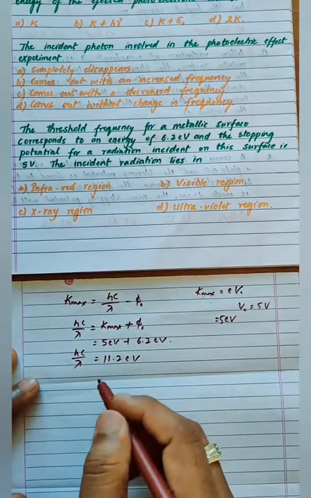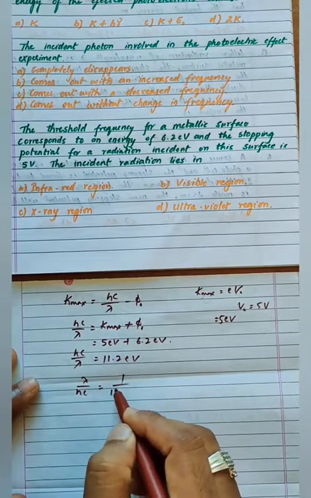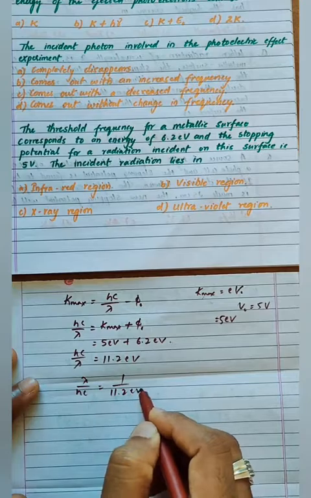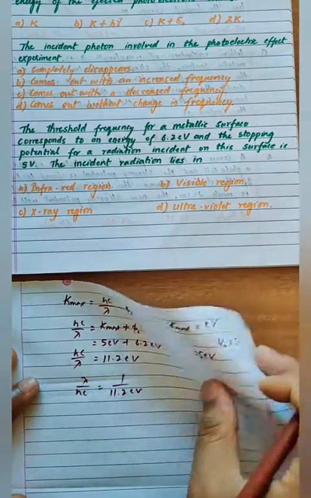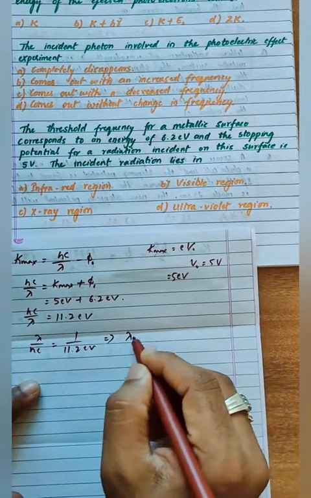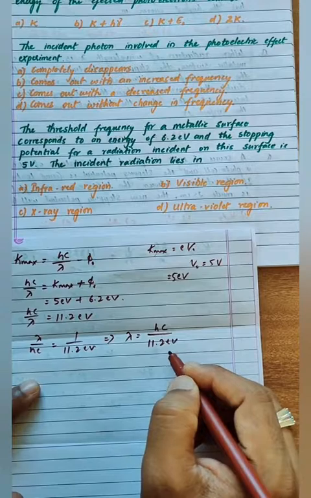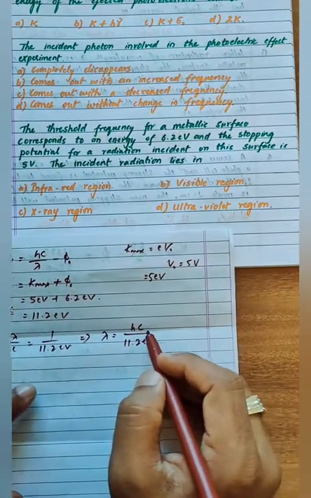Now we have to find lambda. Therefore lambda by hc is equal to 1 by 11.2 electron volt. Do you remember the formula? Lambda is equal to hc by 11.2 electron volt. So hc is how much?